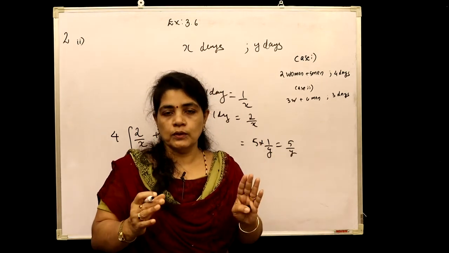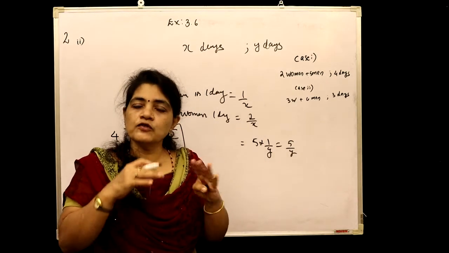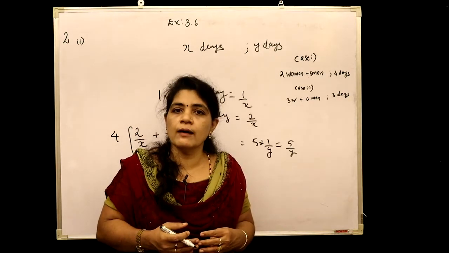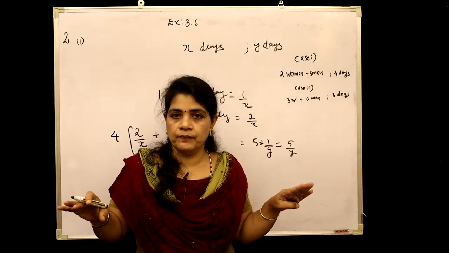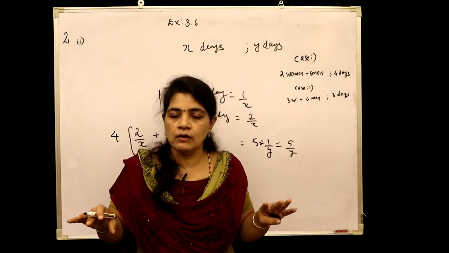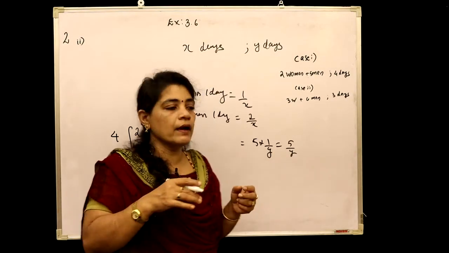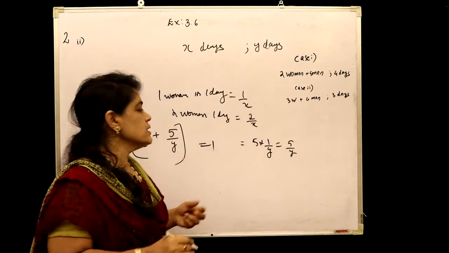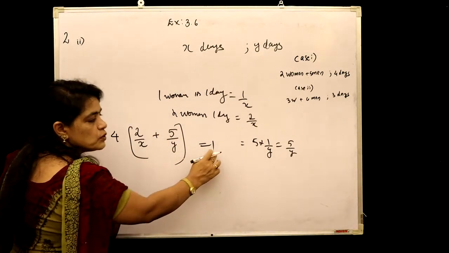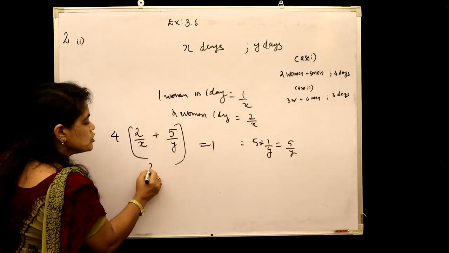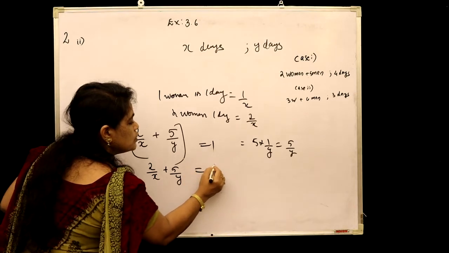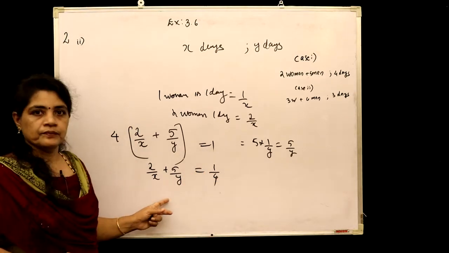After these workers worked for 4 days, what happened? The work was completed, the work finished. That means we can represent that by 1. Understood? If you take this 4 to the other side, we get 2/x plus 5/y equal to 1/4.